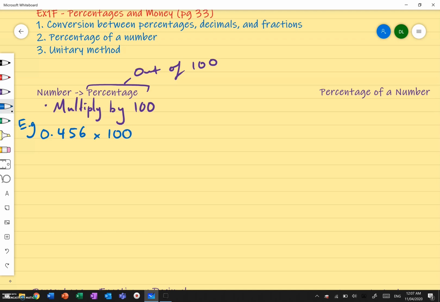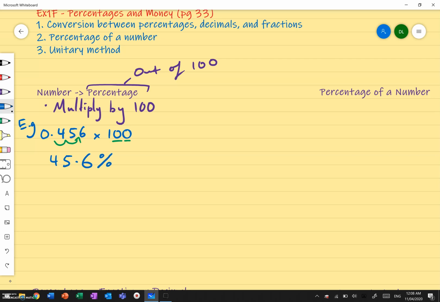Now to times this by 100, I move the decimal. How many zeros do I have? I have 2, so I move the decimal place right twice. So I write 45.6, so this as a percentage is 45.6%.